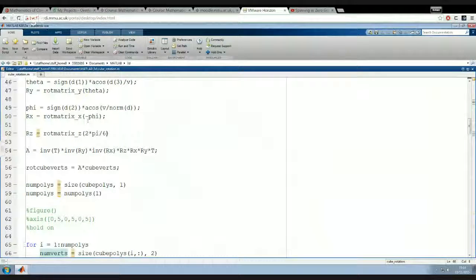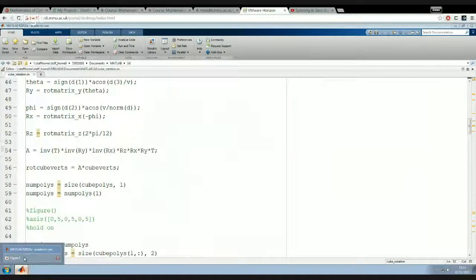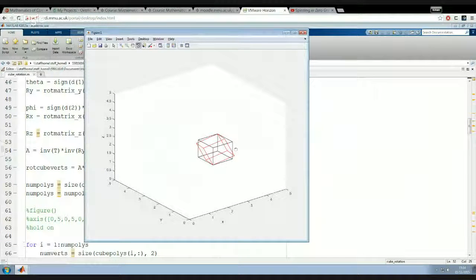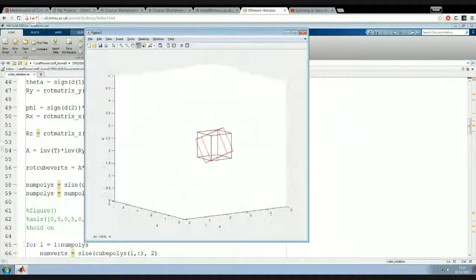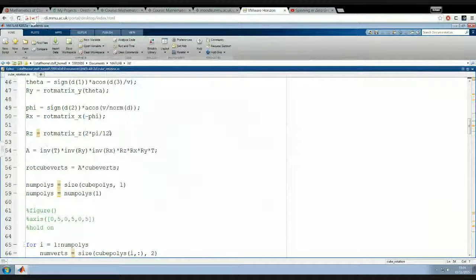So if I take that angle 2 pi over 6, take it back to something smaller, 2 pi over 12, rerun it, you should just see the 2 cubes with the red one only just barely rotated. So I'll shrink it, make it even less, 2 pi over 6.